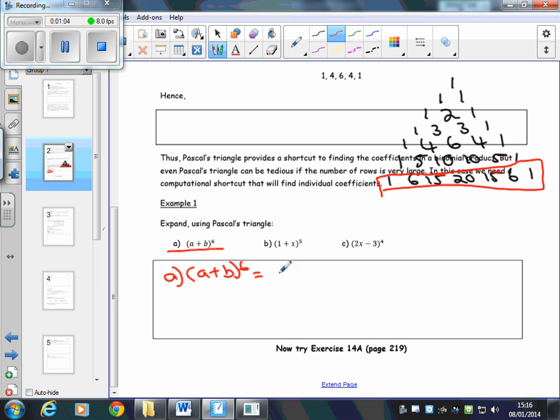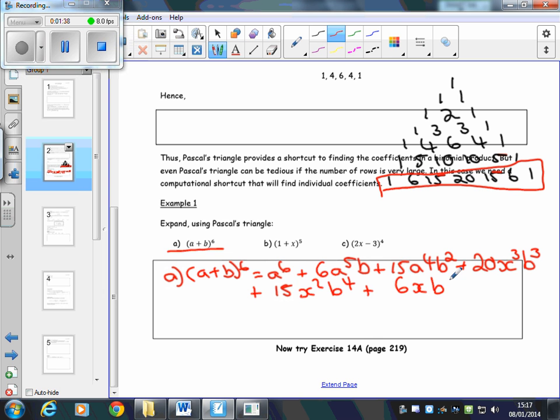So the first coefficient will be 1, so that'll be a to the power of 6, plus the next coefficient will be 6, 6a to the power of 5 times b, plus the next one's 15, so 15a to the power of 4 b squared, plus 20a cubed b cubed, plus 15a squared b to the power of 4, plus 6a b to the power of 5, plus b to the power of 6.